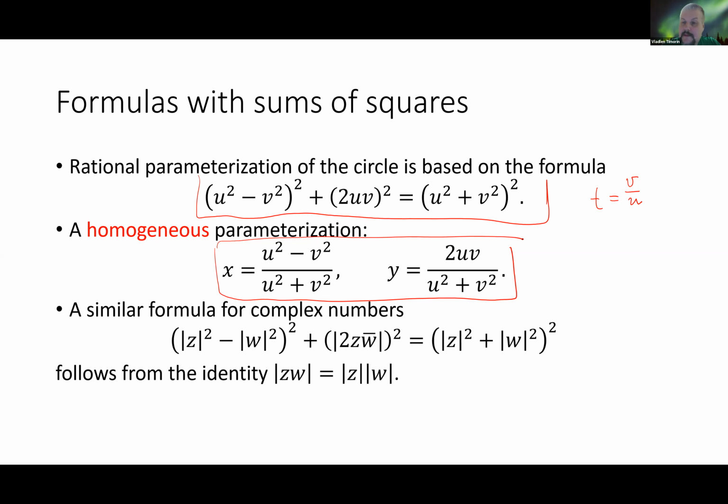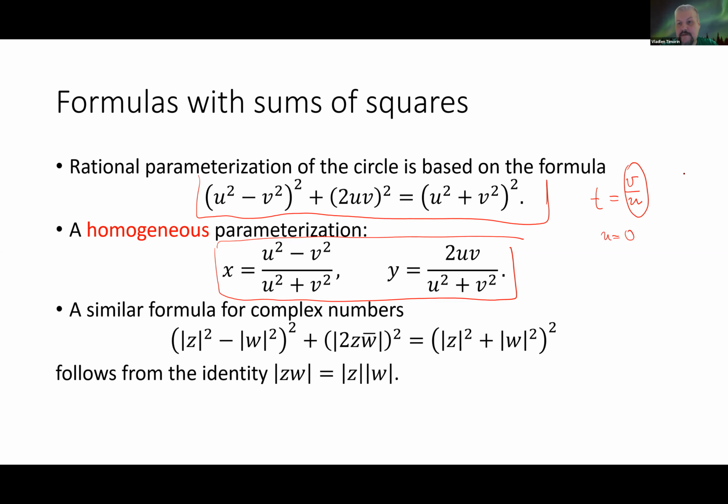Okay, maybe just one remark on the usefulness of this homogeneous form. On the one hand, having two parameters like this is almost the same thing as having one parameter, namely their ratio. On the other hand, it's not exactly the same thing, because sometimes we may have u equal to 0, and then the ratio is not defined.